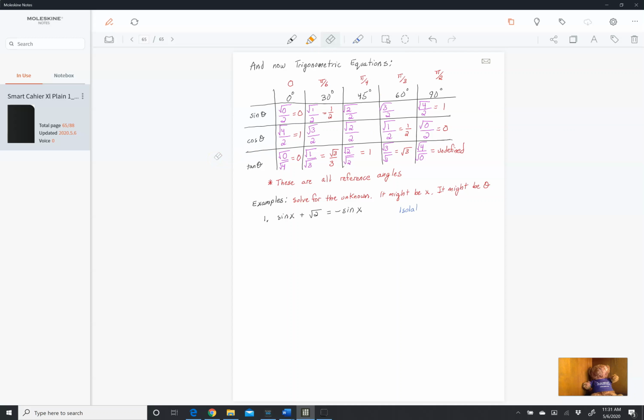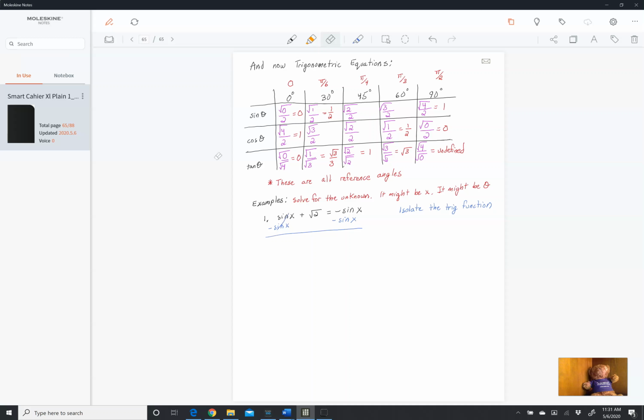So just like we would isolate the absolute value, we would isolate the square root, we would isolate the exponential function, we isolate the trig function. So the fastest way to do this in this case is subtract the sine of x from both sides.